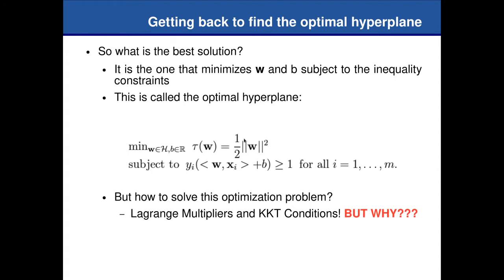I need to minimize the norm squared of this vector W. I think you probably remember from the previous video, I told you guys that this half was part of our formulation, but this square that appears over here is just an adaptation for convenience to make it easier to solve this problem.